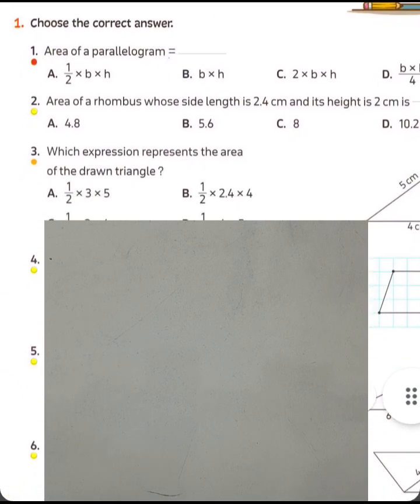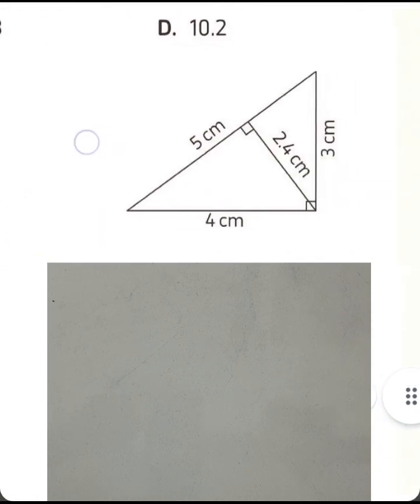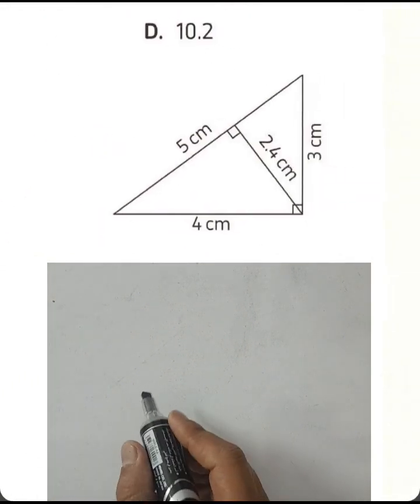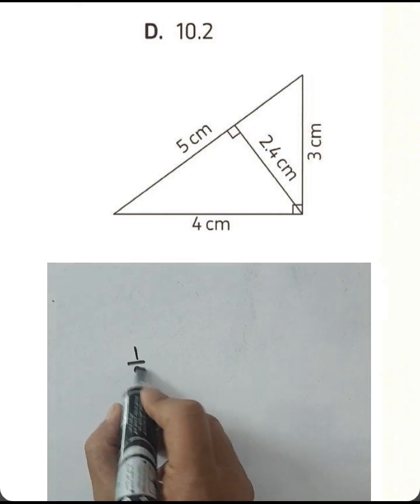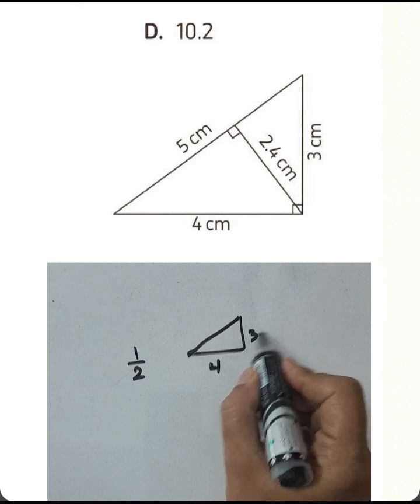Next example, which expression represents the area of the drawn triangle? The area of a triangle equals half times base times height. Okay, we have 4 here as the base and the corresponding height was 3 centimeters.